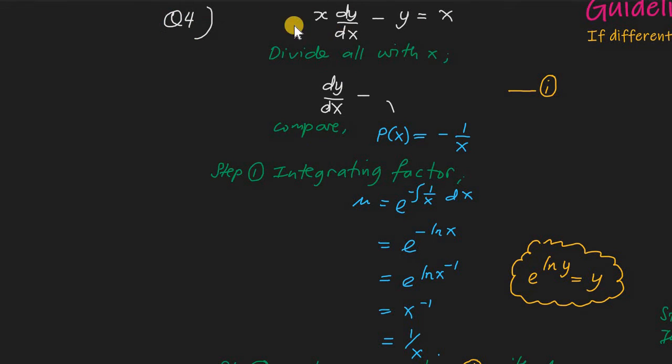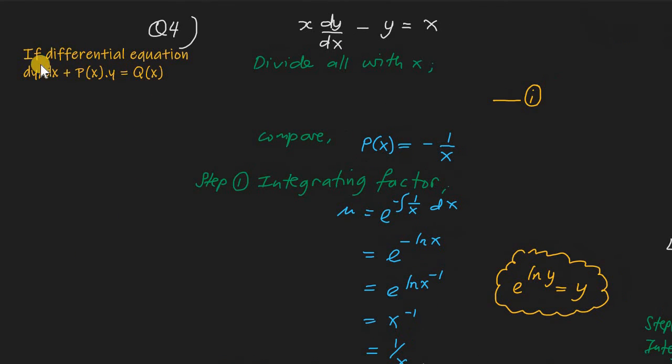So this was the question just now. Again, you are supposed to get it in the form of dy/dx plus a function p times y equals q(x). Following the guideline, we need dy/dx only, with p multiplying y, and q.